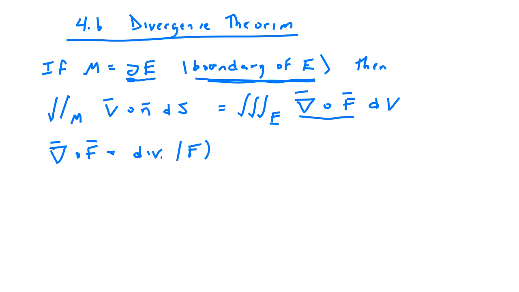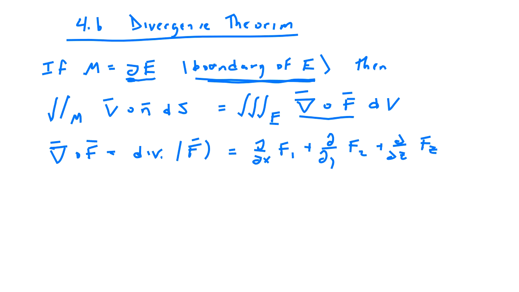It's the divergence of F, which is, if F is the velocity field F1, F2, F3, it's the derivative of the first one with respect to X. And again, I'll make it more explicit when we do an actual one. And then the derivative of the second one with respect to Y, or the third one with respect to Z.